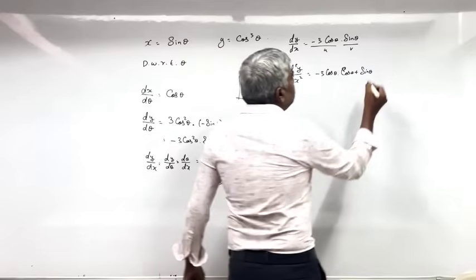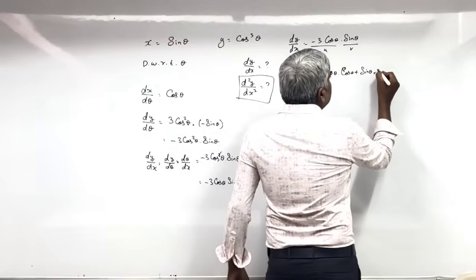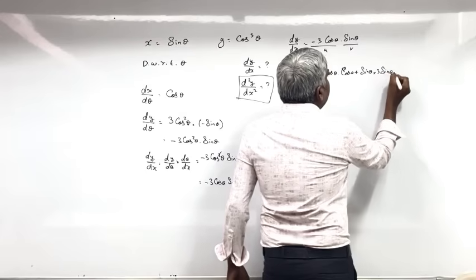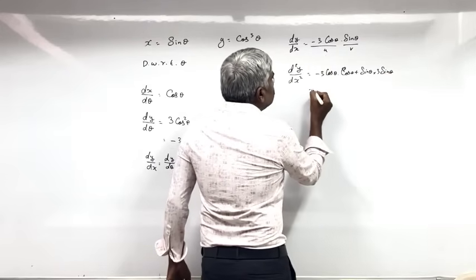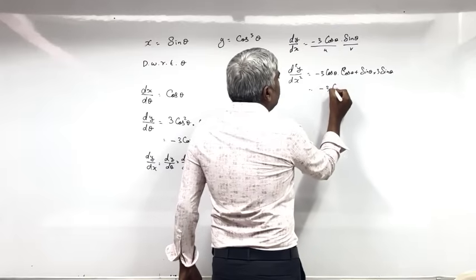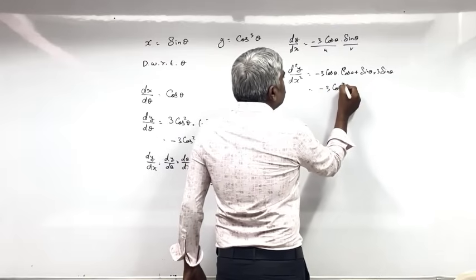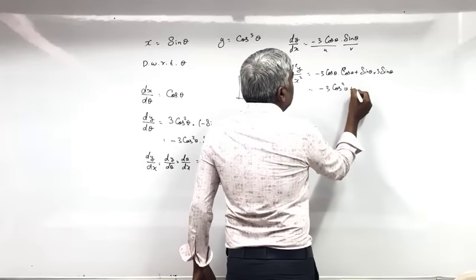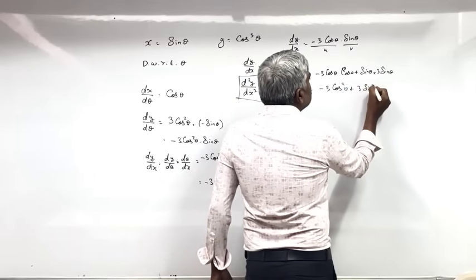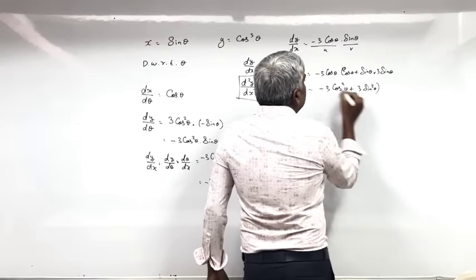So it becomes 3 into sin theta. So minus 3 cos square theta plus 3 sin square theta.